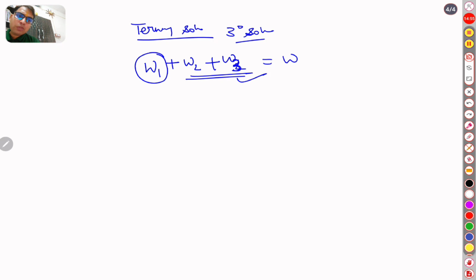So the total mass of solution is equal to W1 plus W2 plus W3. Then how can we find the mass percentage of W1 solute?